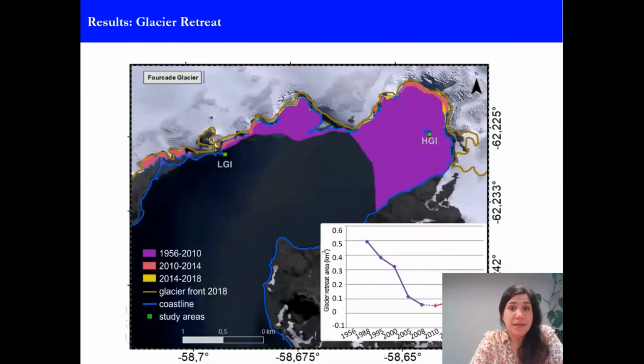In this image, you can see how we calculated how Fourcade Glacier has retreated since 1956. All the different colors, especially the violet, show how this glacier retreated over time.